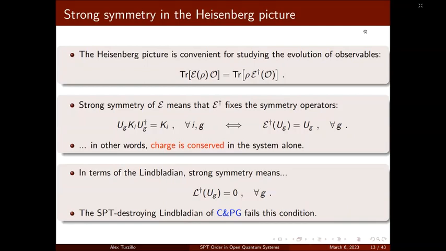In this language, what the strong symmetry condition means is just that the symmetry generator is fixed by the adjoint channel. Physically, this is the statement that charge is conserved in the system alone, as opposed to the total of the system and the environment. In terms of the Lindbladian, we get the condition that I wrote on one of the earlier slides, which is that the dual Lindbladian annihilates the symmetry generator.